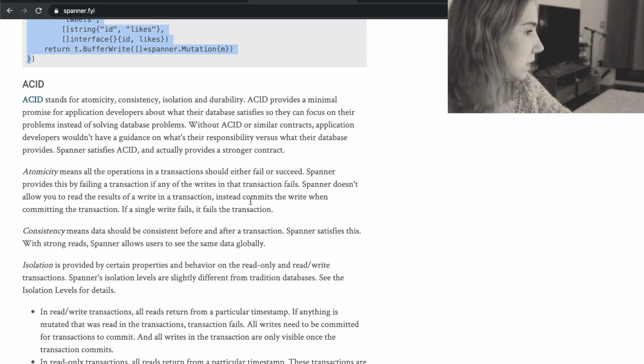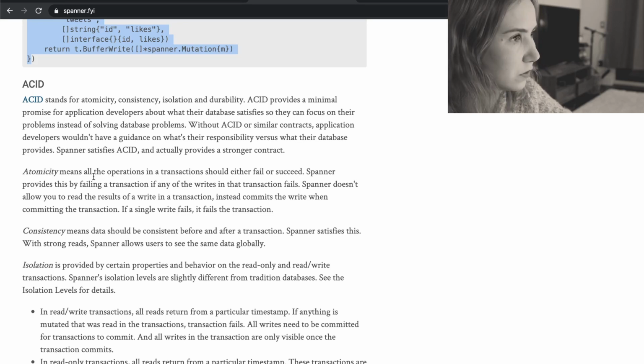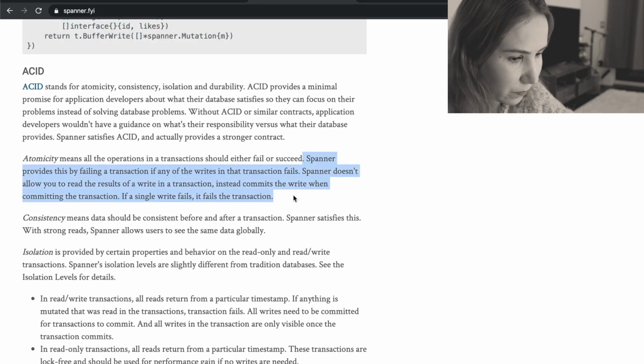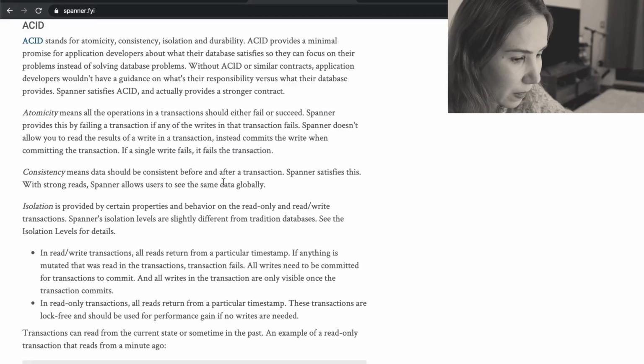Some of the easier concepts, like atomicity: all the stuff in a transaction should either fail or succeed. It shouldn't be the case that some of the writes fail and some of the writes succeed in a transaction. In order for a transaction to succeed, all the writes should be successful. Otherwise, the transaction fails. That's how Spanner satisfies atomicity.